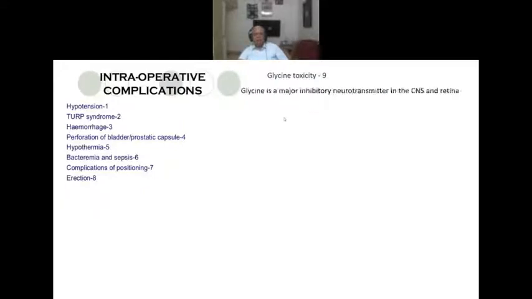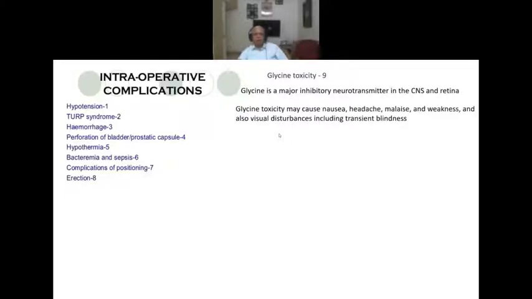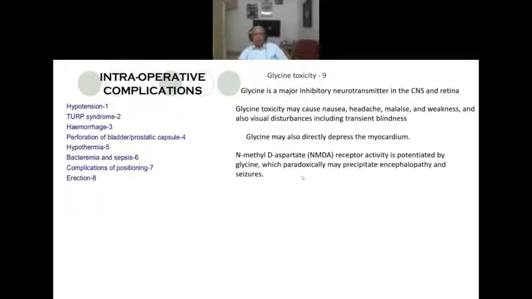And glycine toxicity is a major contributor both in the CNS and retina. That is one of the reasons for the blindness also. It causes nausea, headache, malaise, and visual disturbance, and also depresses the myocardium. It acts on the NMDA receptor, potentiating it. Unlike ketamine, which is an NMDA antagonist, this is an agonist of the NMDA, which paradoxically may precipitate encephalopathy and seizures.